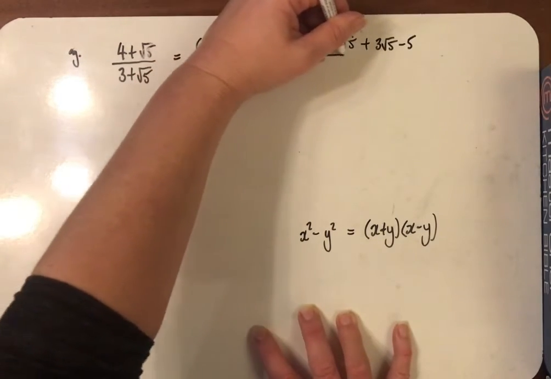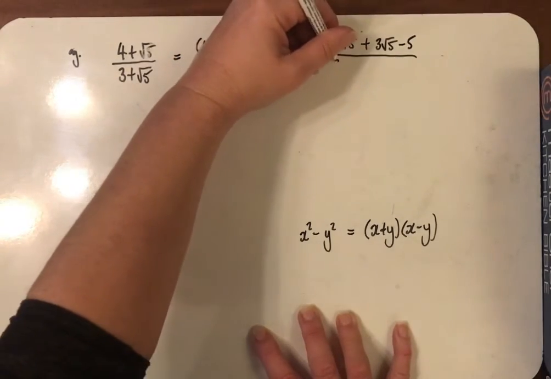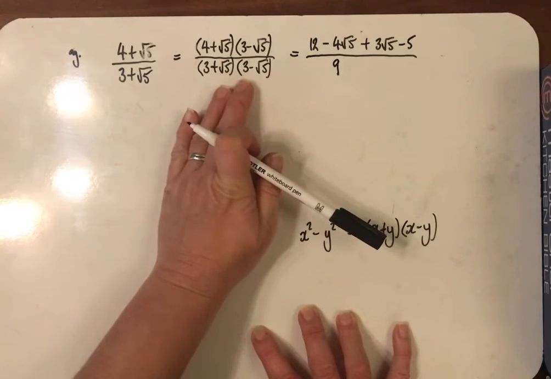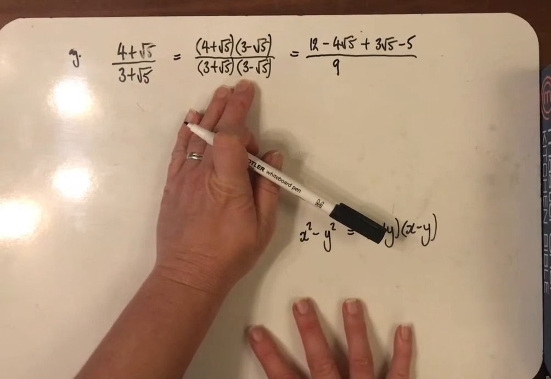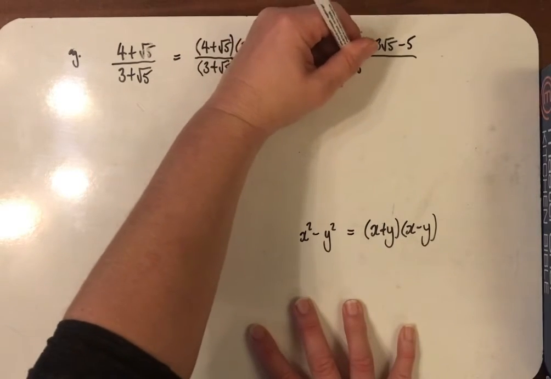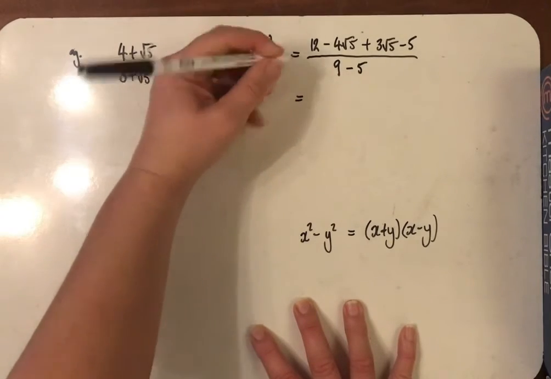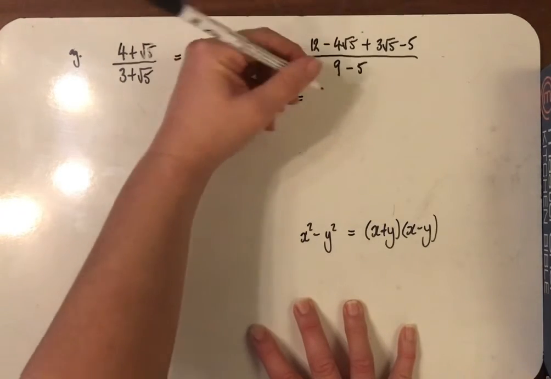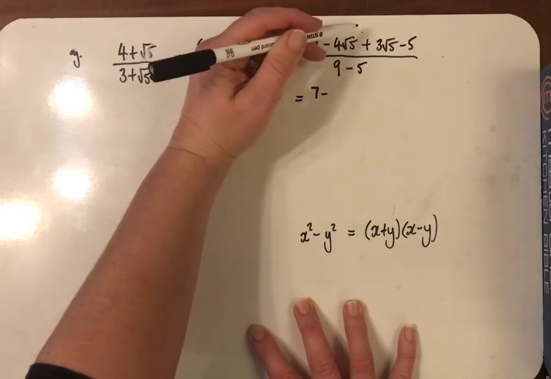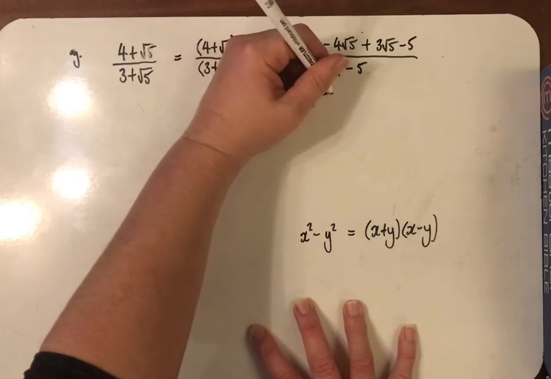And then underneath, I've got 3 times 3, which is 9, minus 3 root 5 plus 3 root 5. So they cancel each other out. And then root 5 times minus root 5 is minus 5. So the top of this becomes 12 minus 5, which is 7, minus 4 root 5 plus 3 root 5 is minus 1 lot of root 5.